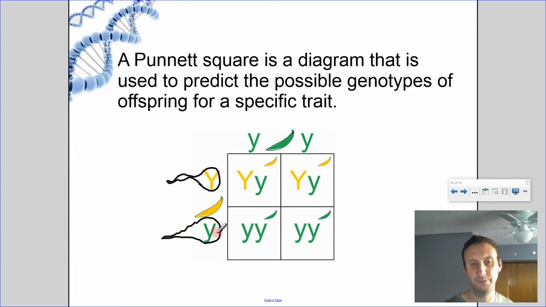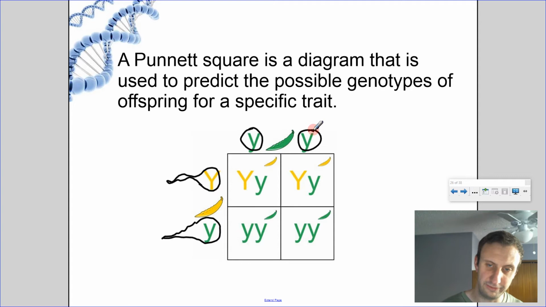So there's two possible versions of this allele that can go into the sperm. And then we've got two possible alleles that can go into the eggs. But actually it's the same allele for both. So if I have a capital Y, lowercase y, so dominant and recessive, you can tell here that yellow peas is a dominant trait based on the fact that this is heterozygous and it's showing up as yellow.